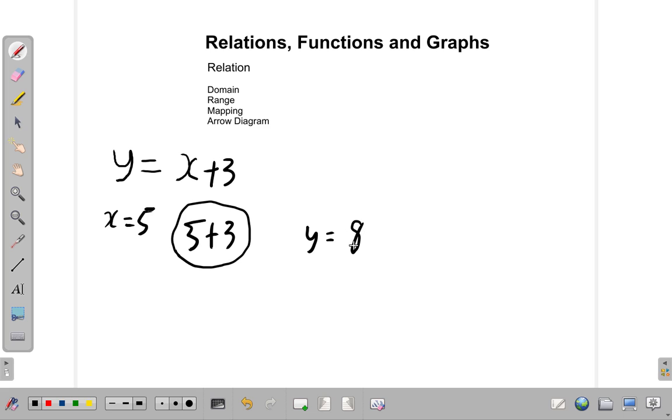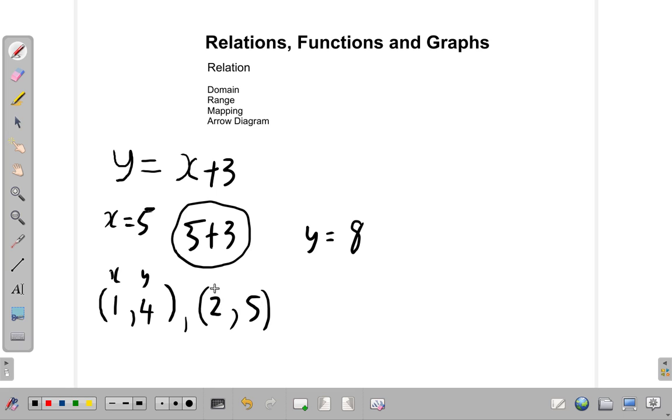Now, let's look at what is meant by an ordered pair. To represent the ordered pair, we have pairs of numbers in a bracket. Let's say we put in x as 1. What do we get out for y? We put a comma here. 1 plus 3 is 4. Then we have another pair, 2, 2 plus 3 is 5.